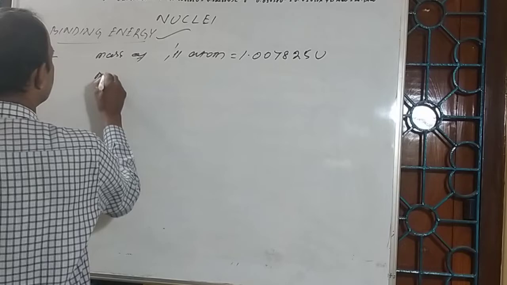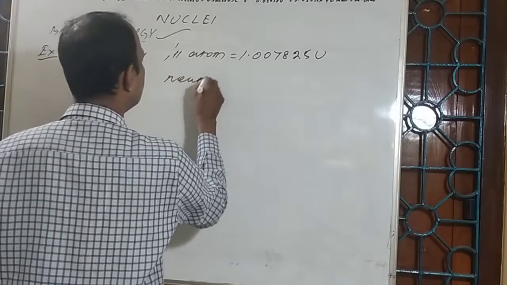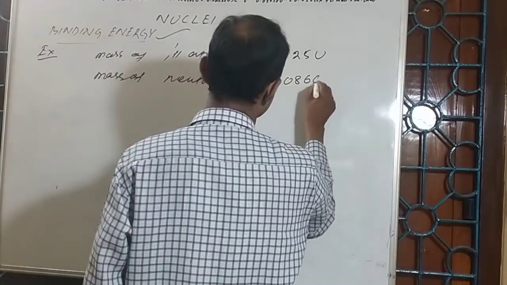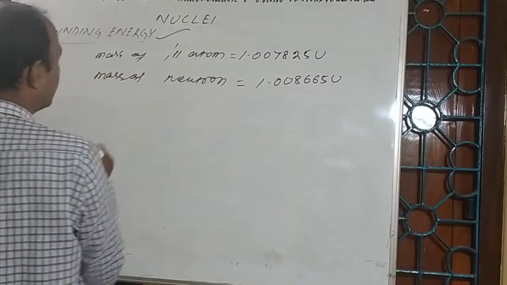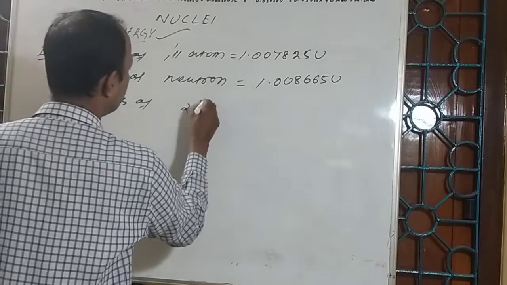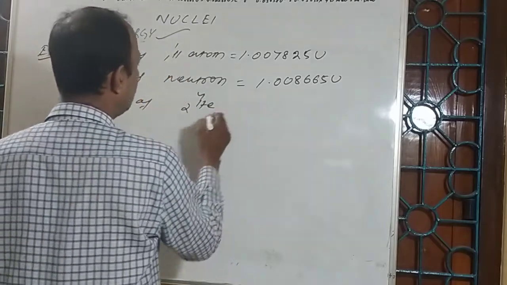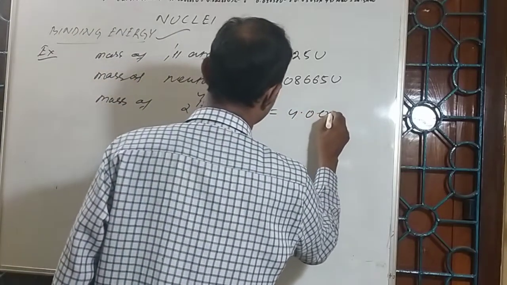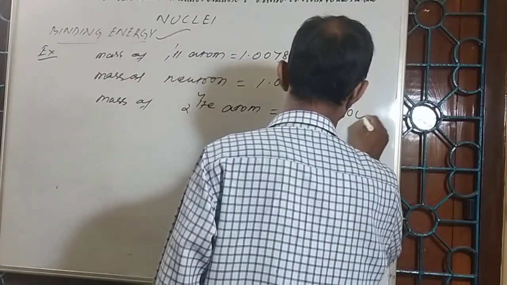Similarly, I am writing the mass of a neutron is equal to 1.008665 unified mass, and again I can write that the mass of an alpha particle or helium atom is equal to 4.00260 unified mass.